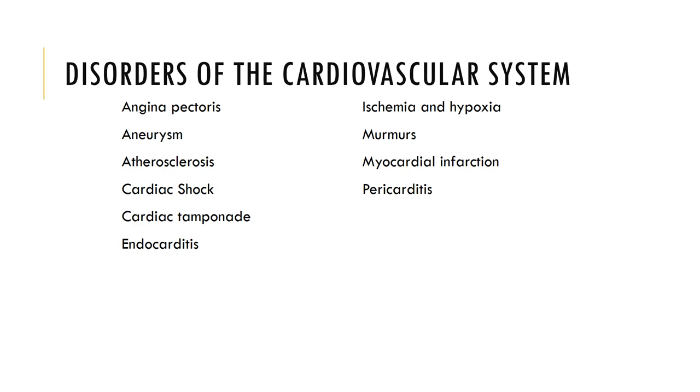And cardiac tamponade is excess fluid, like blood, that accumulates in the pericardial cavity. This can restrict the movement of the heart by applying pressure on the outside. It can also lead to a drop in preload and hence a drop in cardiac output. This concludes our study of the cardiovascular system, the heart.